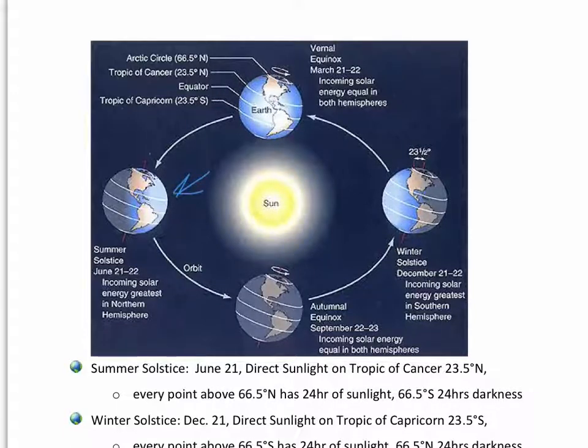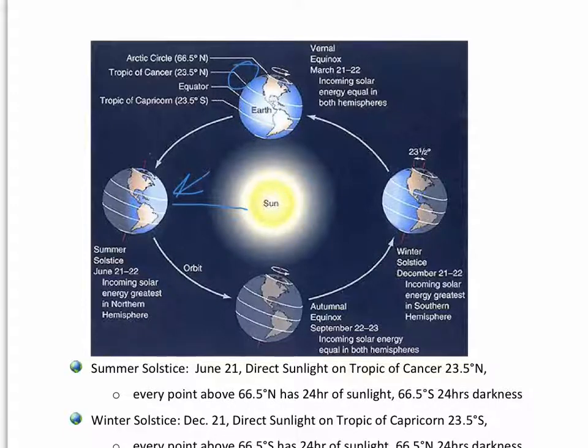Right, this up here has actually got everything labeled, but I want to point out that the sun's rays, 90 degrees of insolation, are coming in right at the Tropic of Cancer. So 90 degrees of insolation is going to be the most concentrated insolation striking Earth's surface.